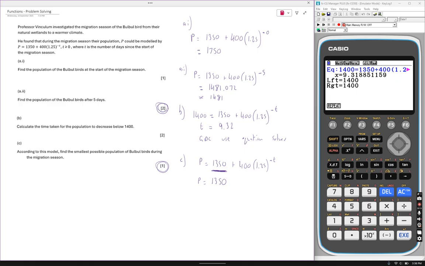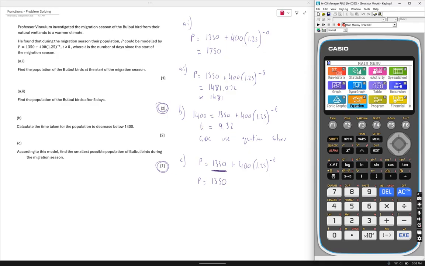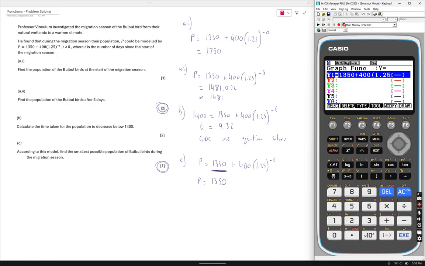If you weren't sure about that, and if you had completely forgotten that that rule existed, then you could just go to your calculator and use the graph function, and you could graph that function. So you can see that I've just typed it in, and now if I draw it, first thing you're going to need to change is the view window.